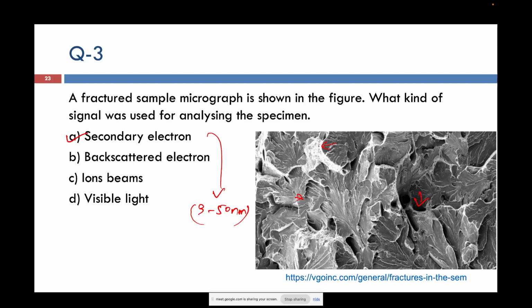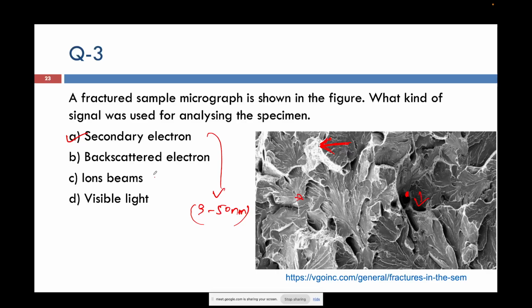It does not mean it has a phase contrast, right? In secondary electron mode, the contrast that you get is because of the height difference. Since this is at a much higher height compared to this one, it gives much more brightness than this one. So we use secondary electrons to do fracture analysis or the fractography study.